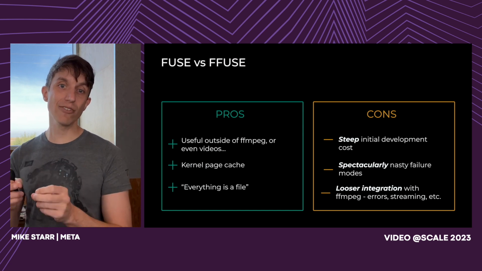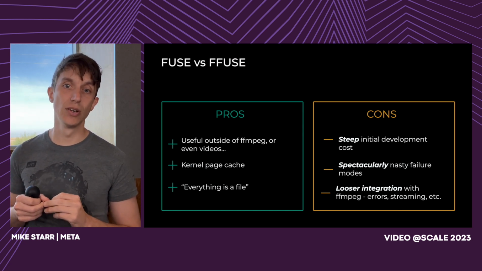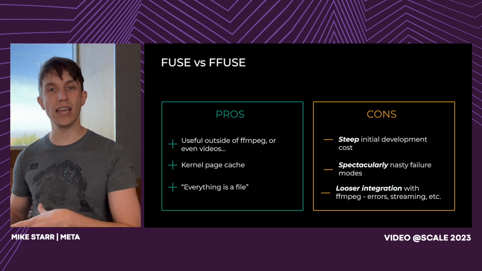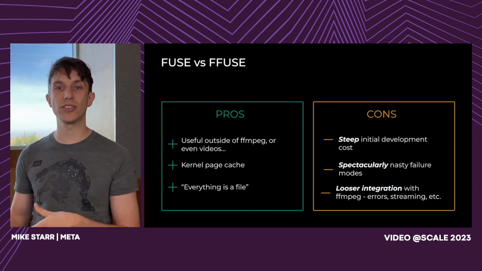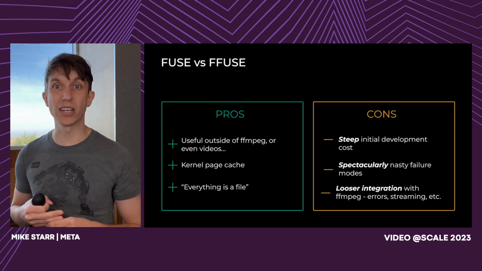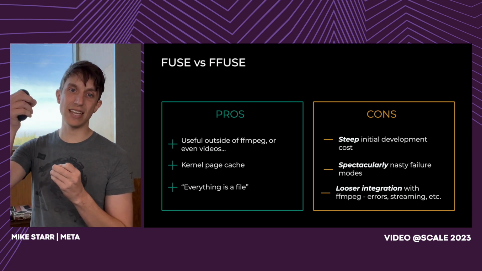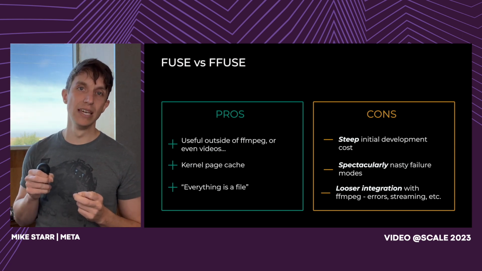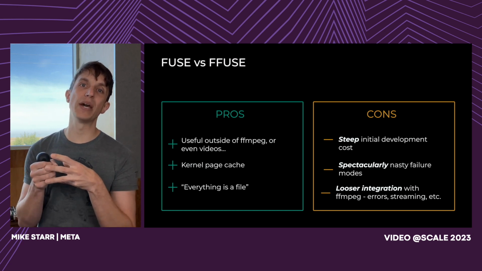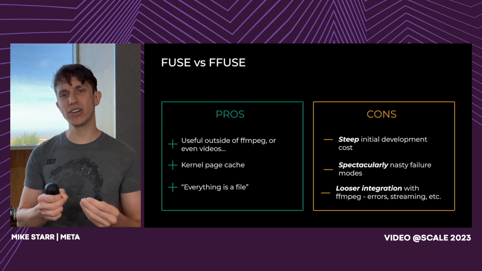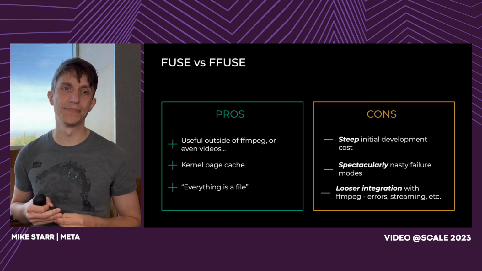And in this case, errors are actually your best-case failures. Worst case, you'll get indefinite hangs, corrupt data, poor quality of service, or spend hours debugging and scratching your head. Lastly, because everything is indirectly going through the file system, our tight integration with ffmpeg is lost, and it's harder to signal errors, timeouts, and that sort of thing.